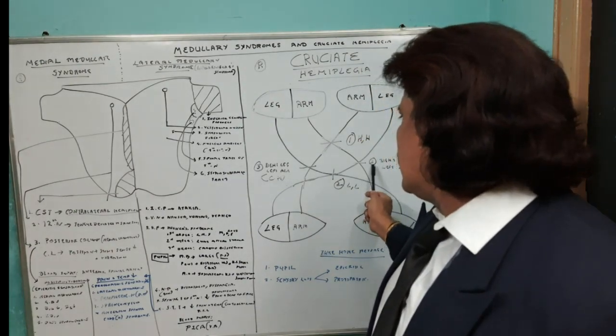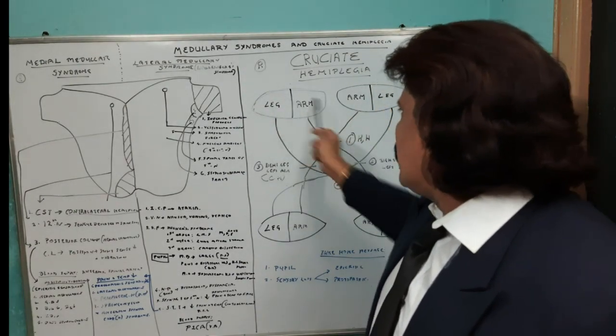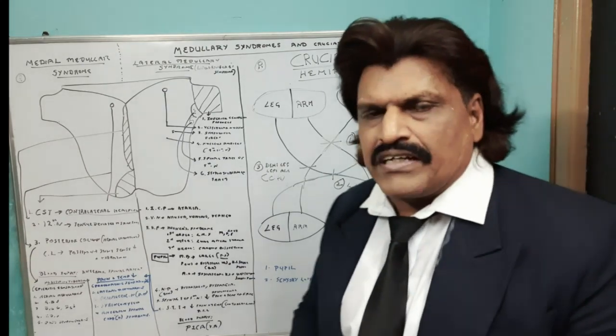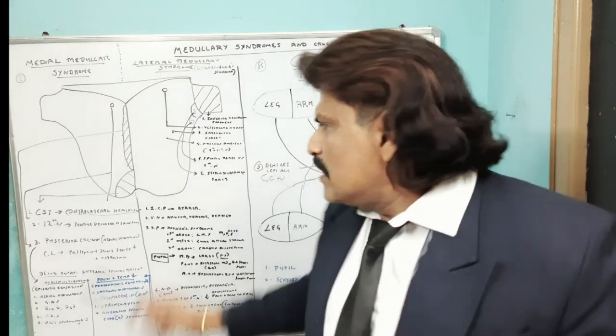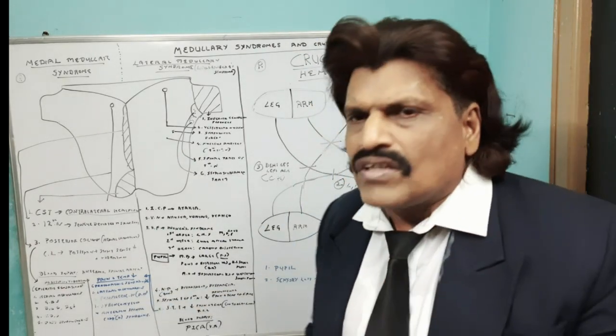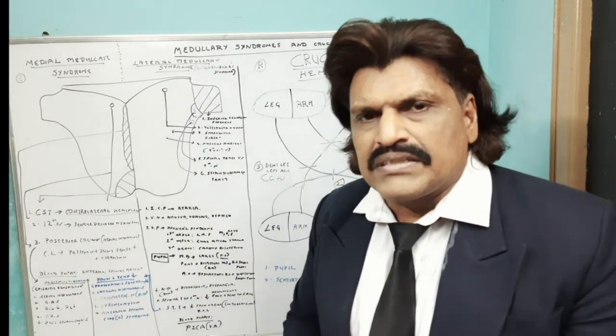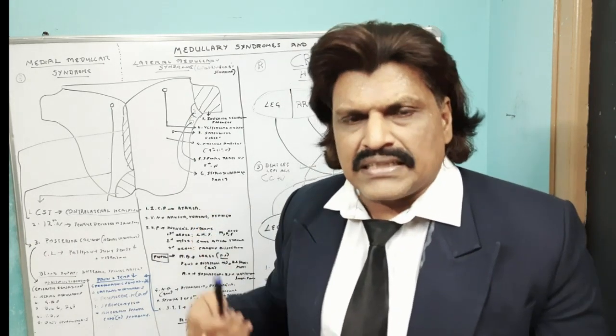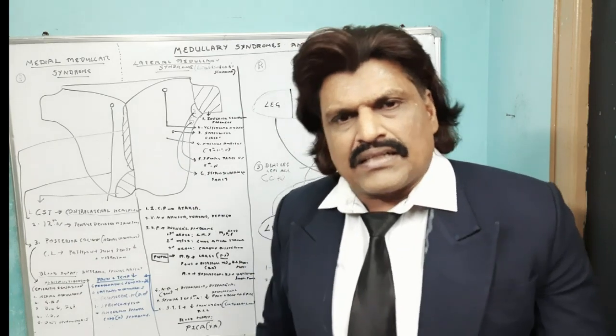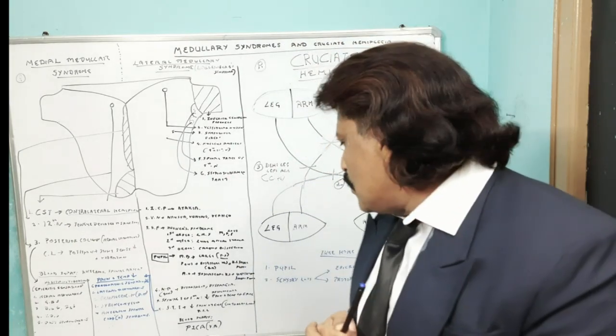Likewise, if there is a lesion here, the right arm and left leg can get affected. So the right arm and left leg, or the left arm and right leg, can get affected if there is a lesion here wherein uncrossed leg fibers and crossed arm fibers get affected. This is known as cruciate hemiplegia. One side arm, the other side leg. It occurs in the medulla oblongata.